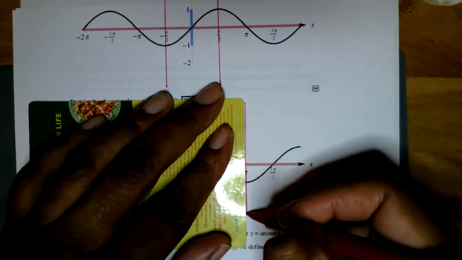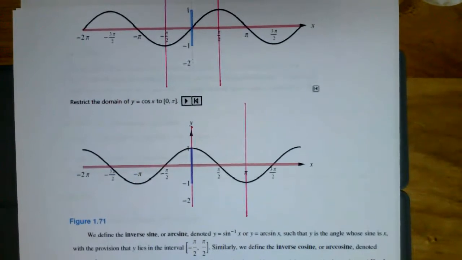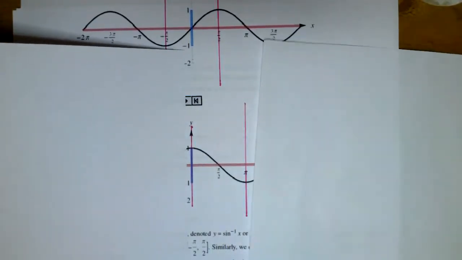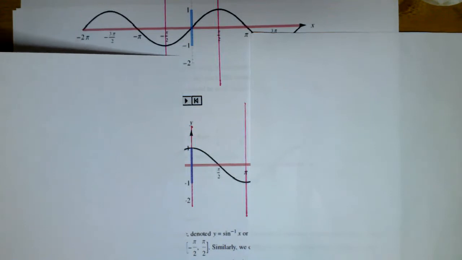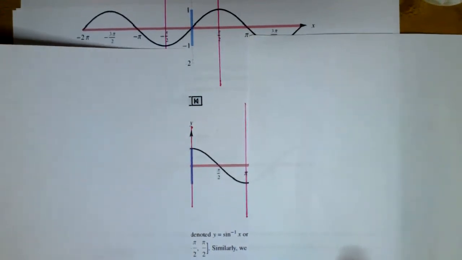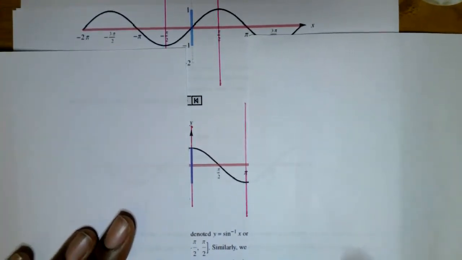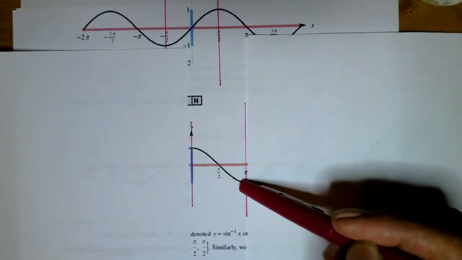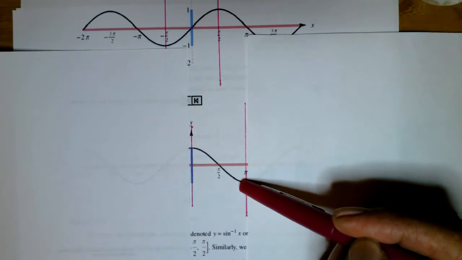I'm going to draw a vertical line there. Within that window, I'll put pieces of paper there to cover the rest of this. So here's pi, and then there's 0. Between 0 and pi, it would be one-to-one, and it would pass the horizontal line test.